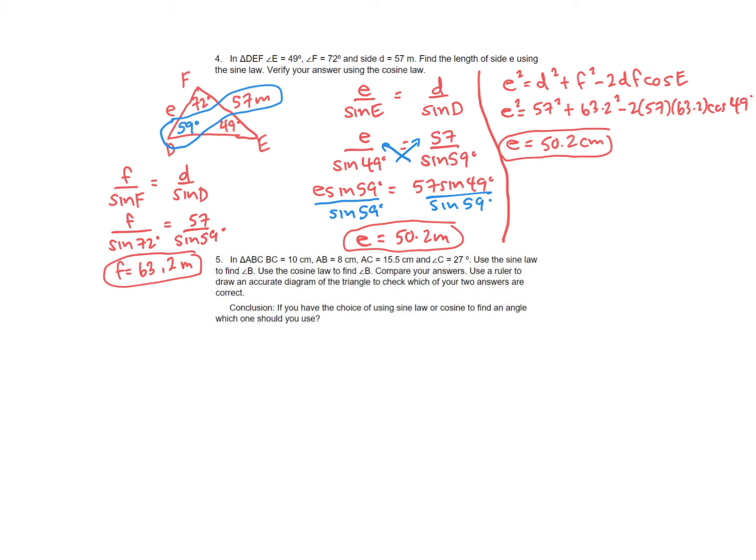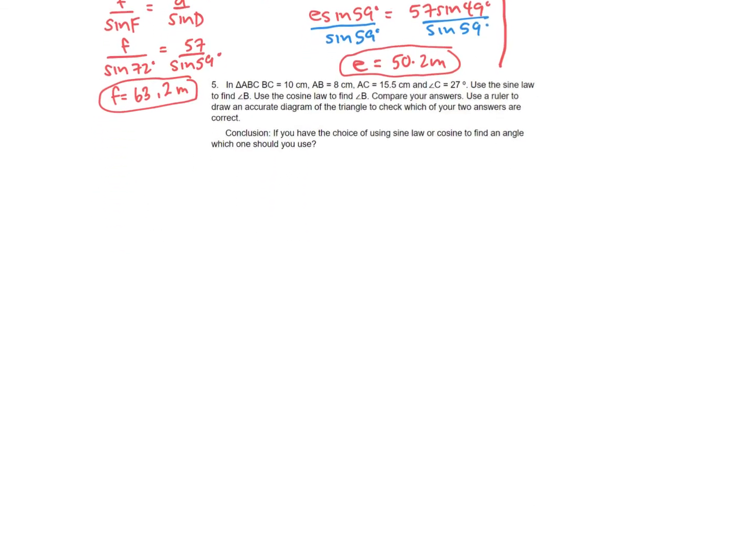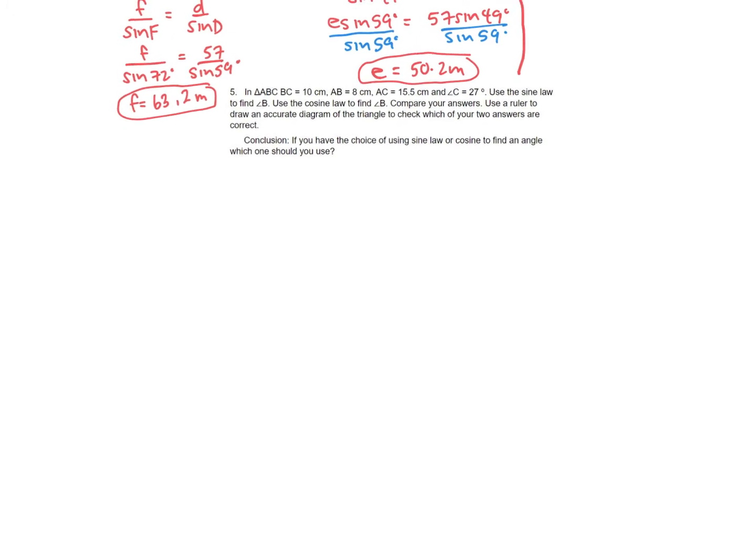In question 4 we looked at using both, and we saw that we got the same answer. So in question 5, if we have the option of using sine law or cosine law, sometimes it's better to use cosine law, and I'll show you why. So in triangle ABC, let's move this up a bit. So we have triangle ABC.